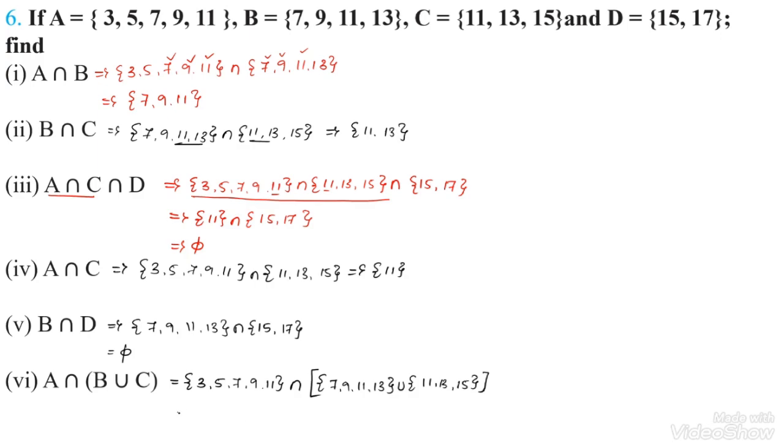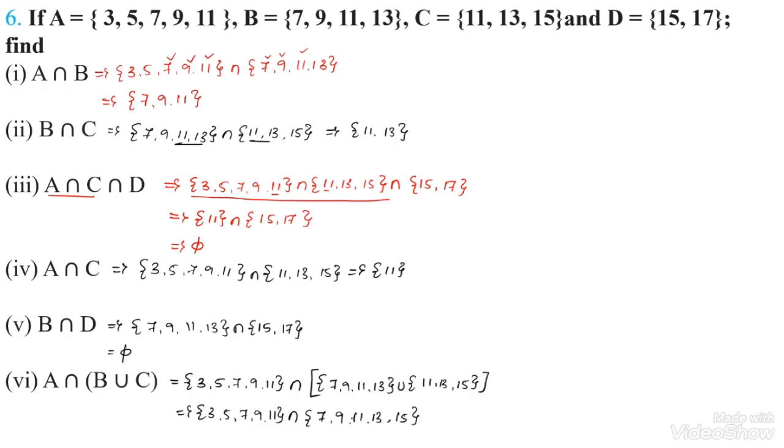Now, 3, 5, 7, 9, 11 intersection of what are the elements here? 7, 9, 11, 13. 11 and 13 are common, so I have written again.